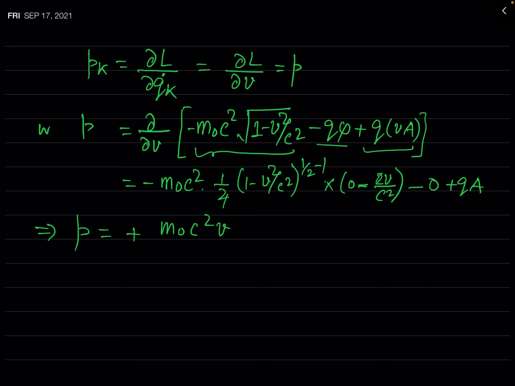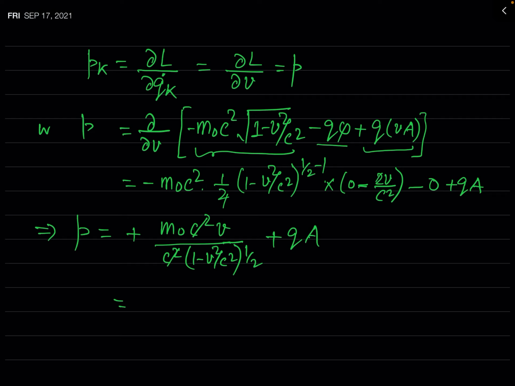M naught c square into v divided by c square times 1 minus v square by c square to the power half, because this will be minus half. Now this c square and c square will also cancel out, and plus qa.